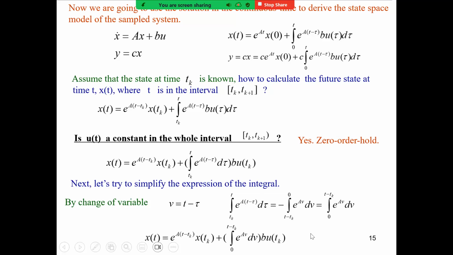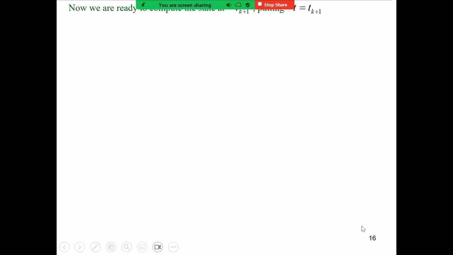Okay, here is what we have. This is the way we can compute the state vector in those intervals from tk to tk plus 1. Now, what we are interested in is just the final state. What is the state at tk plus 1?